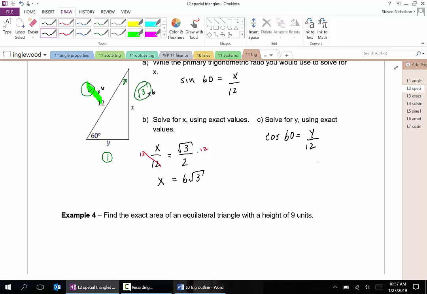But if we use our cosine ratio, the cosine of 60 has this base ratio, 1 over 2, right? Here's our base ratio, 1 over 2 for the cosine. And in this particular triangle, that is y over 12. And again, there's many ways to solve this problem, but if we multiply both sides by 12, the 12's over here cancel out, and we end up with 6 equals y.